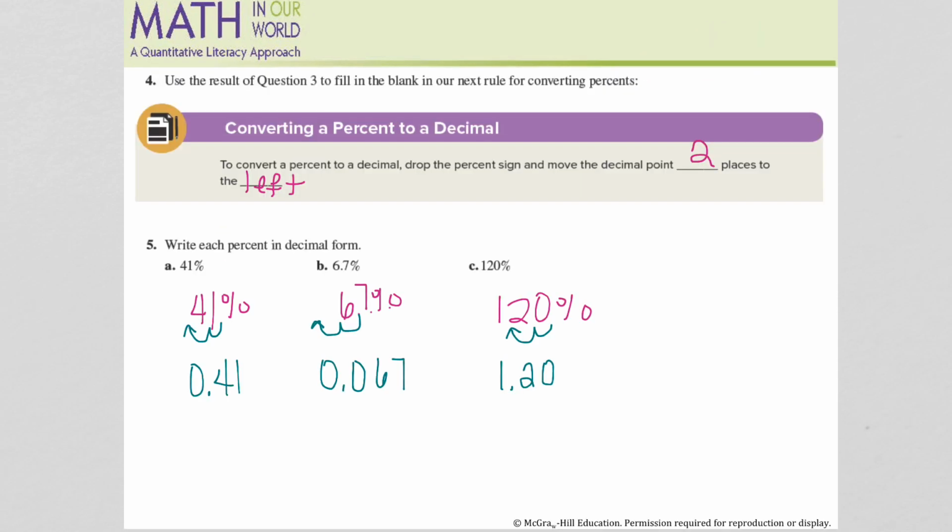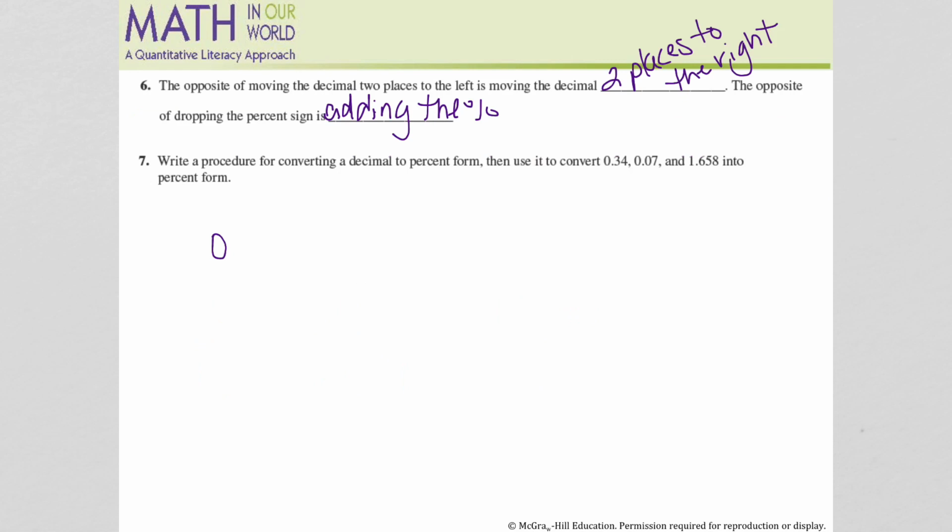So to change 0.34, we'll move our decimal 2 places to the right, and that gives us 34. And add back our percent. 0.07, move the decimal 2 places to the right, and that'll give us just 7%.